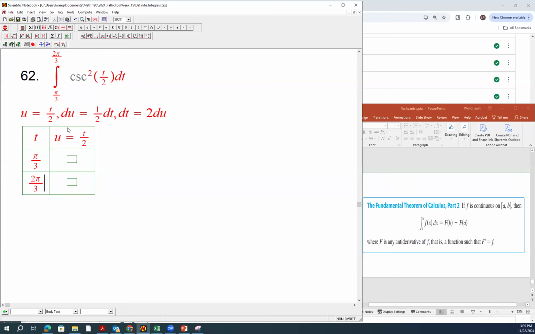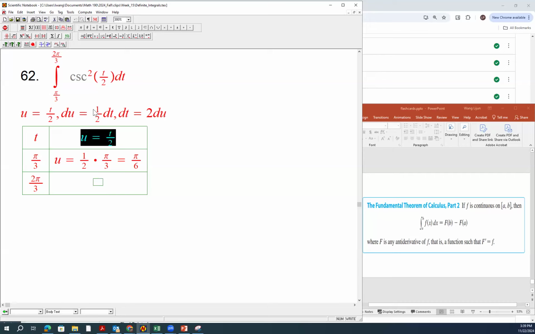The u will be evaluated accordingly. So when t equals pi over 3, we replace the t by pi over 3, and that's pi over 6.